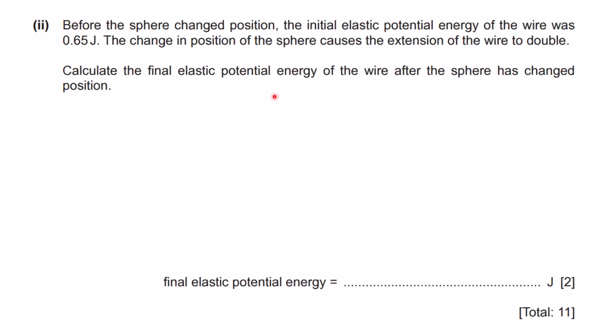Before the sphere changed position, the initial elastic potential energy of the wire was 0.65 joules. The change in position of the sphere causes the extension of the wire to double. Calculate the final elastic potential energy of the wire after the sphere has changed position.